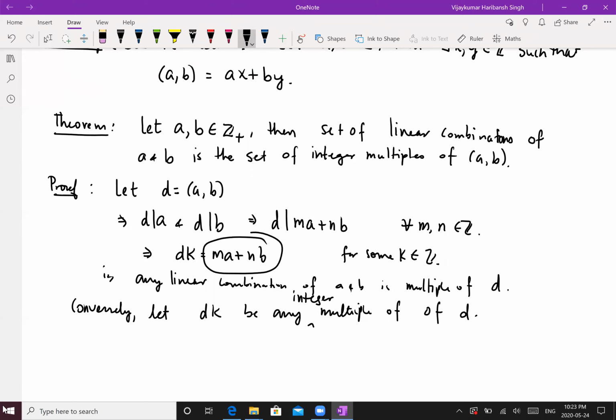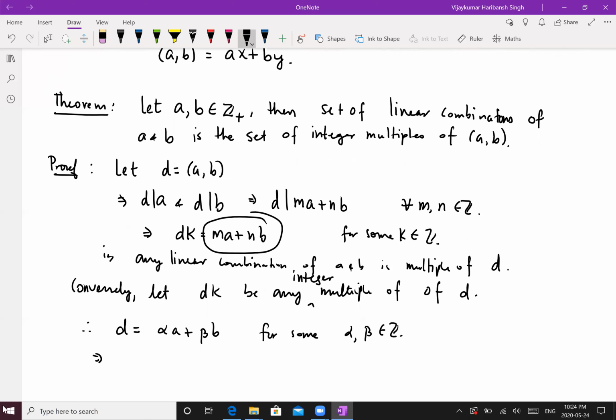That's not hard to show because of Bezout's identity: we have D equals alpha A plus beta B for some alpha, beta belonging to Z. Now multiply throughout by k, we get dk equals alpha kA plus beta kB.